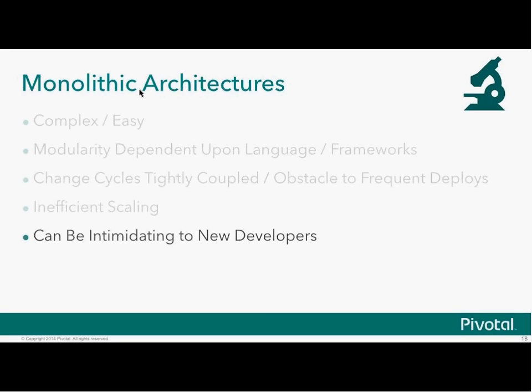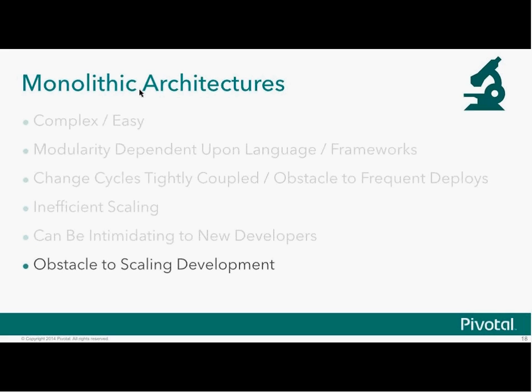So if you walk in the door as a new developer and you're confronted with a schema with a couple of thousand tables and a couple of thousand Hibernate classes, and then a whole layer of service beans and controllers and screens on top of that, it can be very difficult to be productive, because not only are you learning this architecture, you're learning a new business domain, you're perhaps learning a new set of frameworks, you're learning the people that you're working with, and almost all of those areas have just a large degree of complexity that you have to be familiar with. So it can be very difficult to start getting your job done. So this becomes an obstacle to scaling development up.